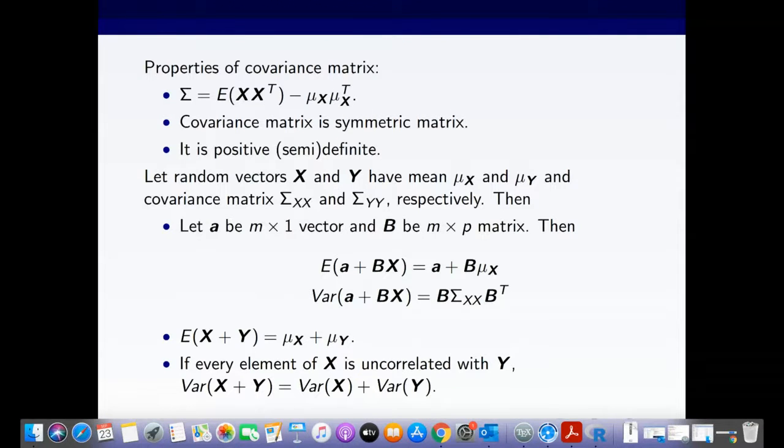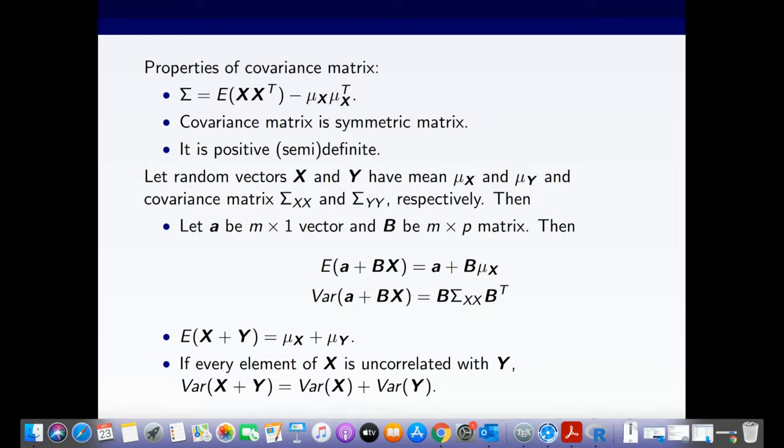Here a is an n by 1 vector and b is an n by p matrix. Then consider the expectation of a plus b times x.